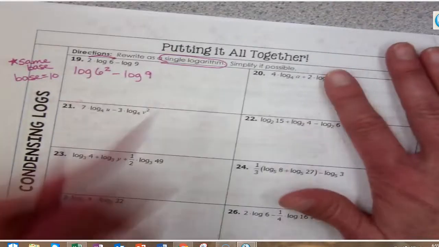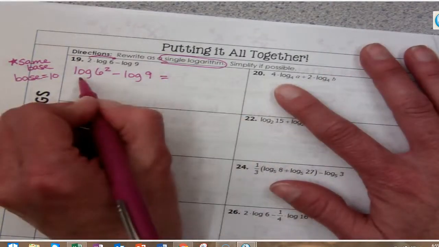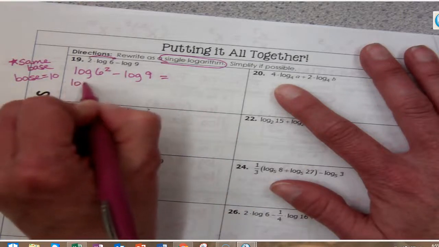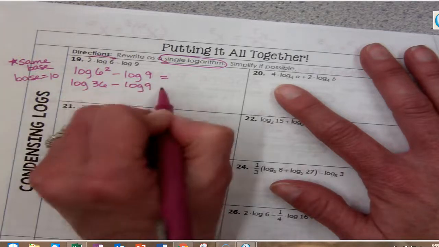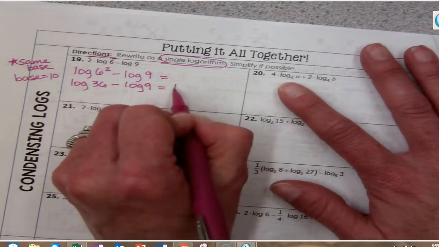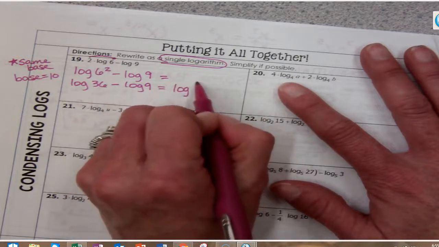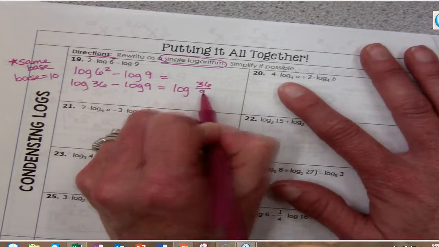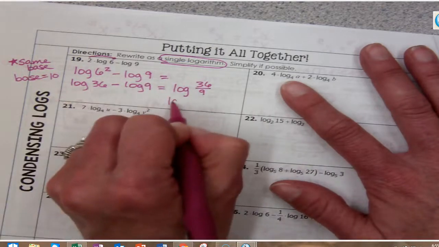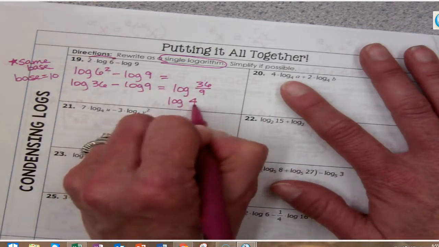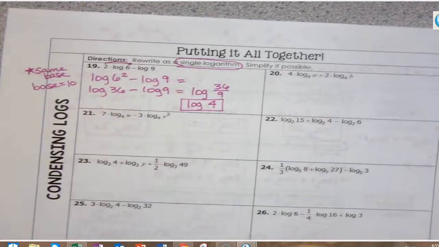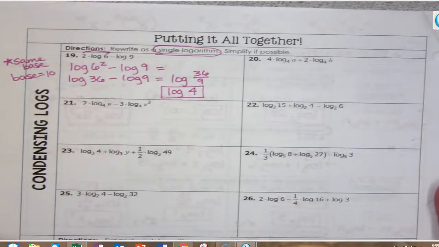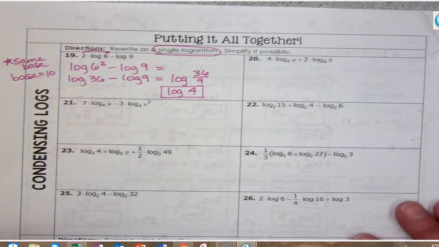So this is log 36 minus log 9, which is basically log base 10 of 36 divided by 9. 36 divided by 9 is log base 10 of 4. That's kind of how you work those problems, one step at a time.